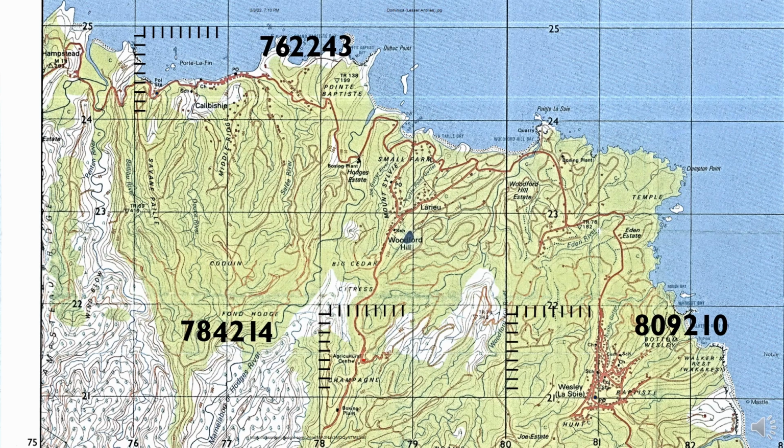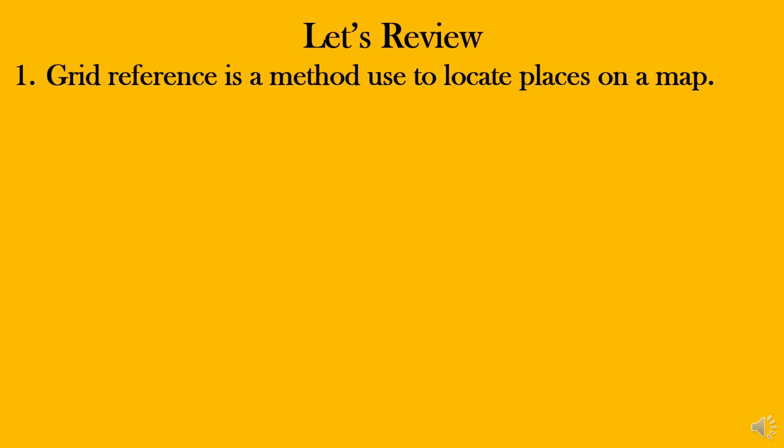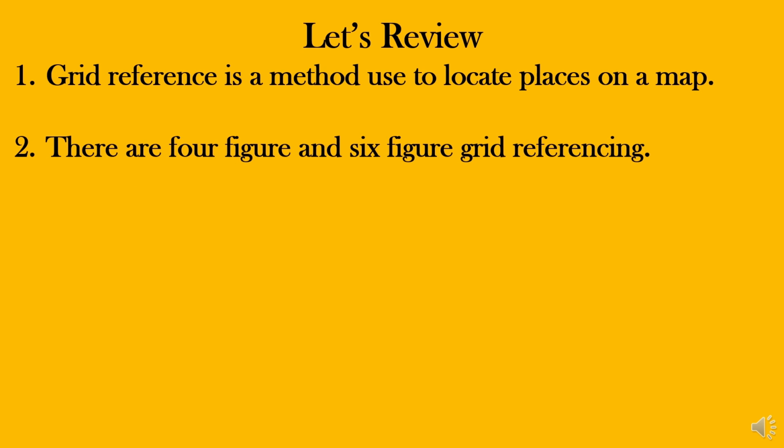Let us now do a quick review of what we have covered in this presentation. The first thing we have done was to define grid referencing, which is a method used to locate places on a map. We also learned that there are two types of grid referencing: 4 and 6 figure grid referencing.